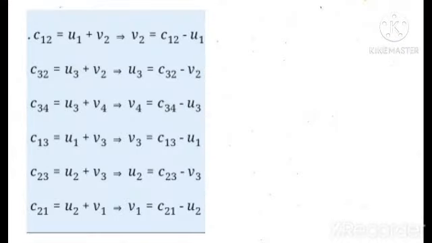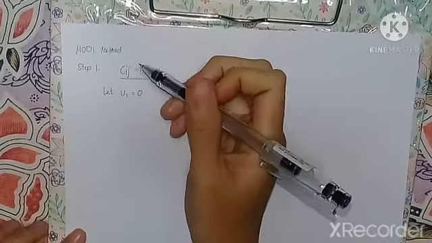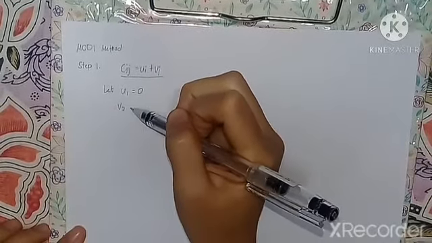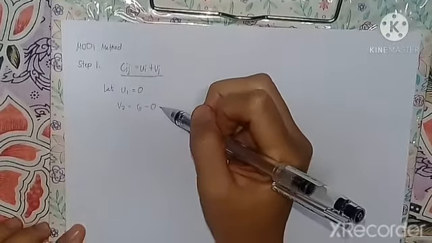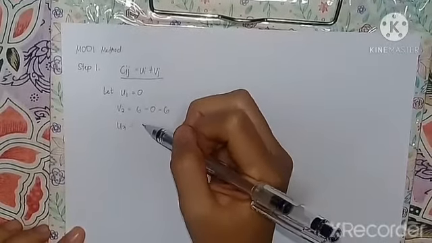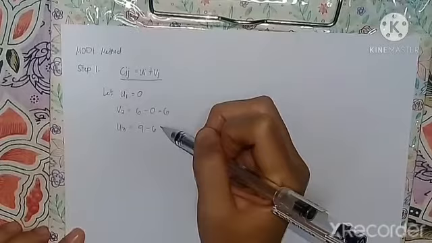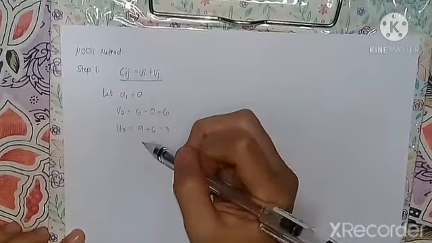To solve for every Ui and Vj, this is the guide we should follow for what to subtract to get their values. Now let's solve. Let U1 be equal to 0. So we have V2 is equal to 6 minus 0 equals 6. U3 is equal to 9 minus 6 is equal to 3.